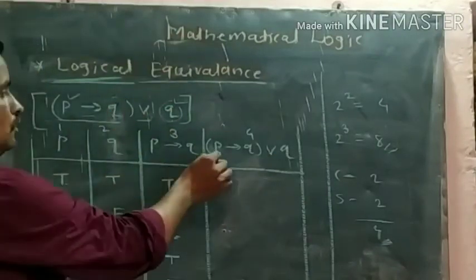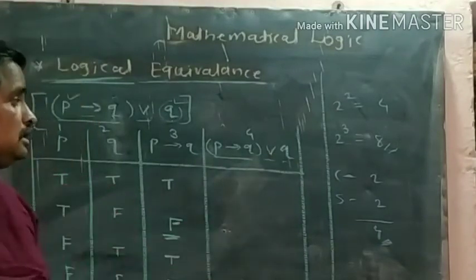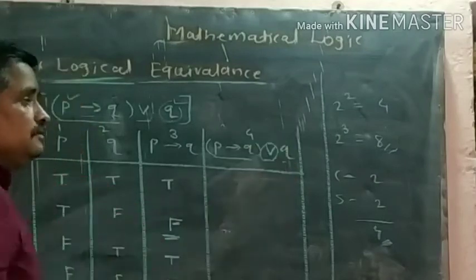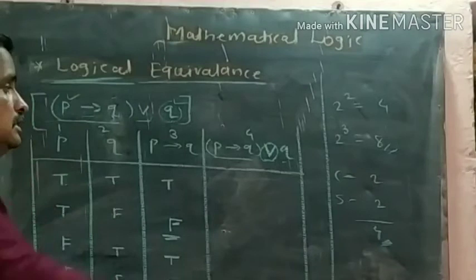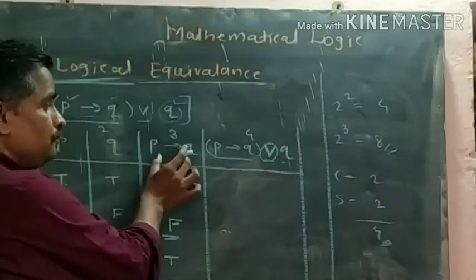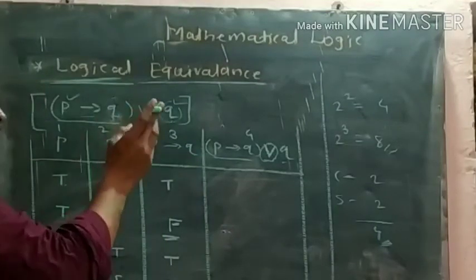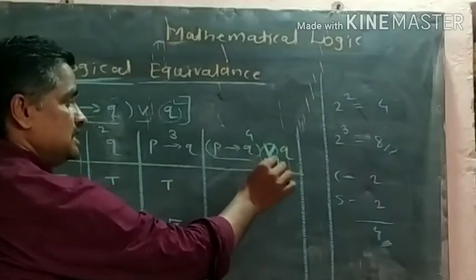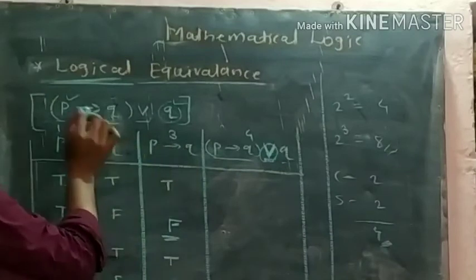So what is the operation? It is a disjunction. So P implies Q, that means column number 3 and column number 2. In column number 3 and column number 2, we want to take the operation as disjunction.